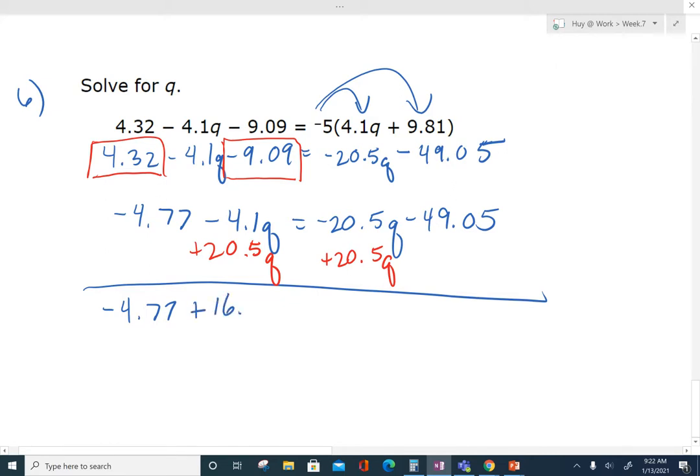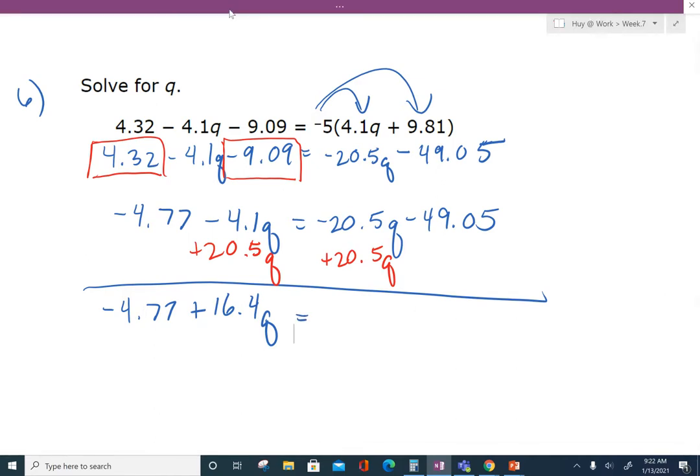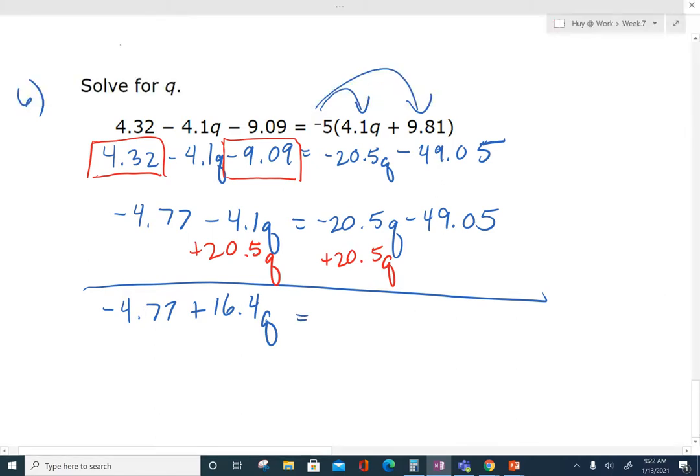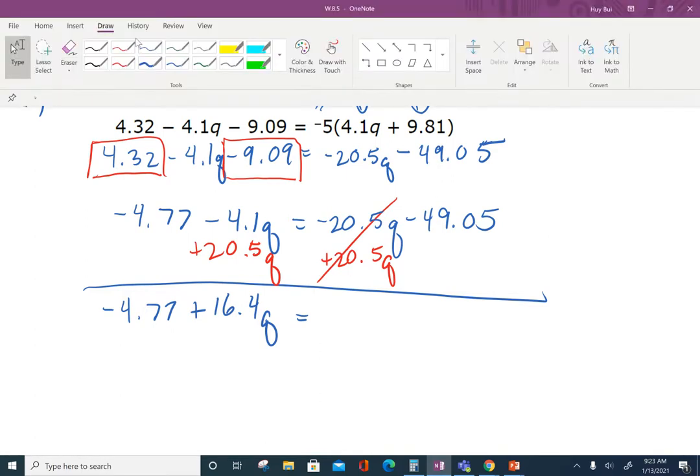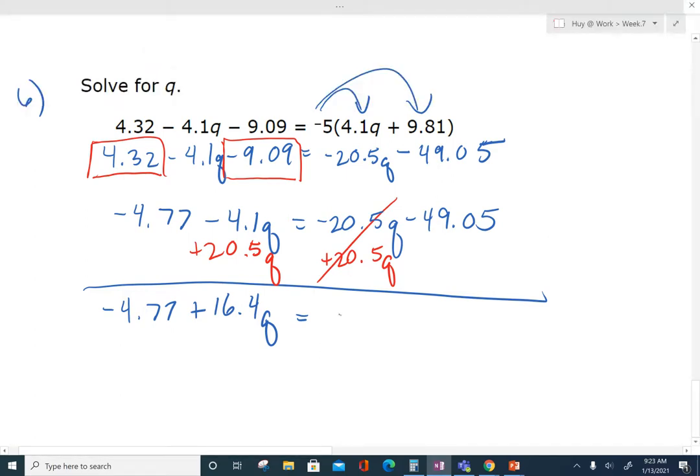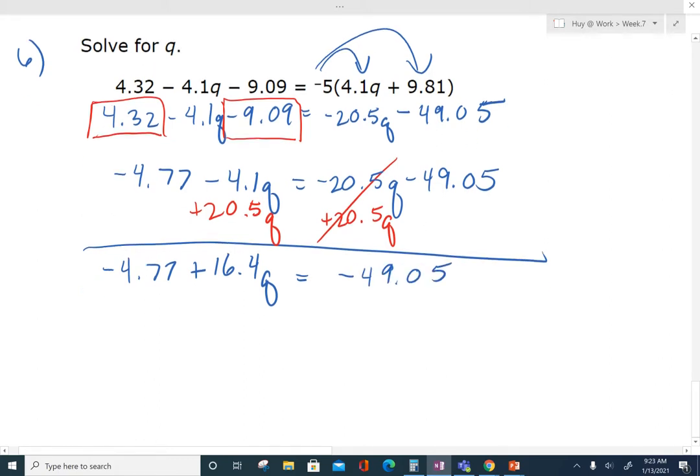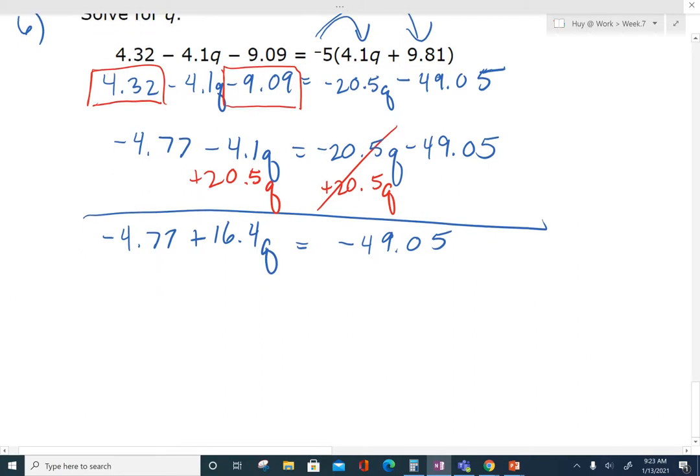Positive 16.4q equals. And on the right side of the equation, this actually cancels out. So we're only left with a negative 49.05 left on the right side of the equation. So we want to isolate this variable. We want to isolate q.